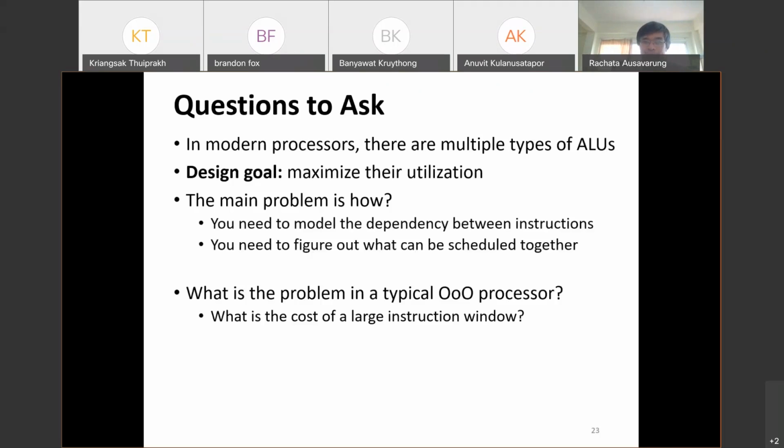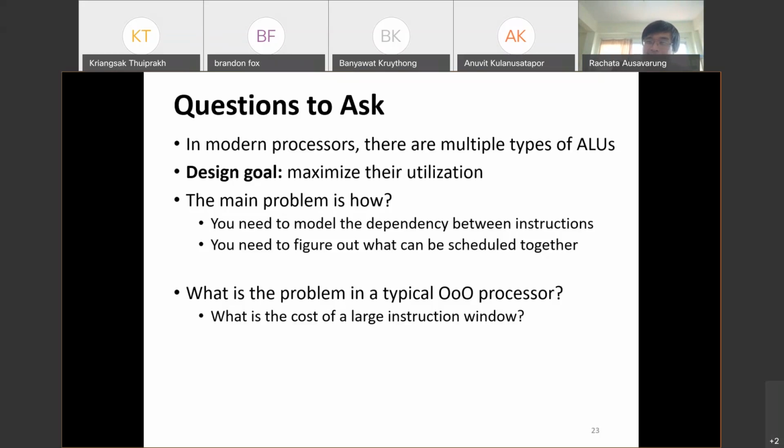What is the problem with the typical out-of-order processor? Because an out-of-order processor allows you to figure these things out, right? You can figure out the dependency and what can be scheduled through things like register renaming, future files, the reorder buffer, and all those things. So what is the typical problem?